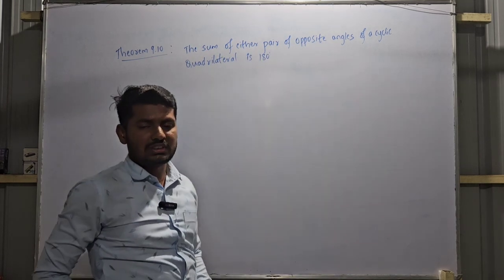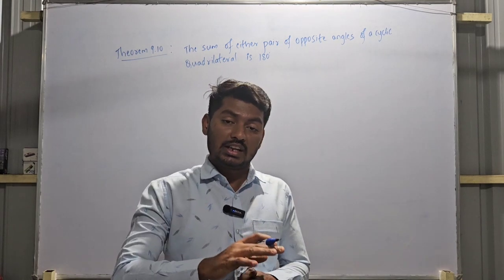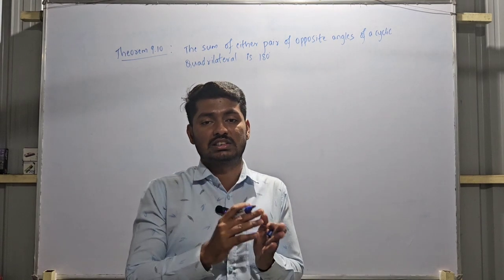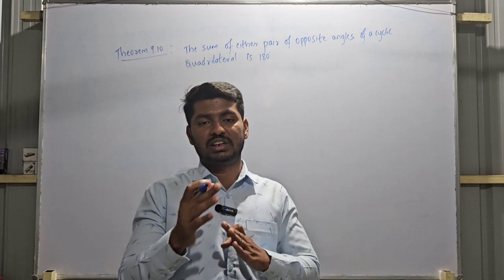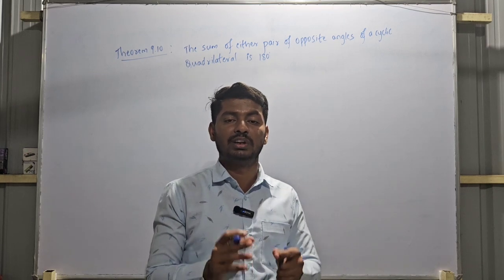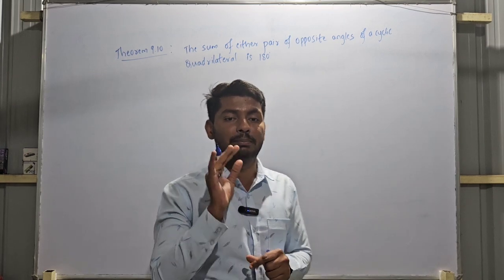Cyclic quadrilateral means that both pairs of opposite angles will be 180, that is, supplementary.